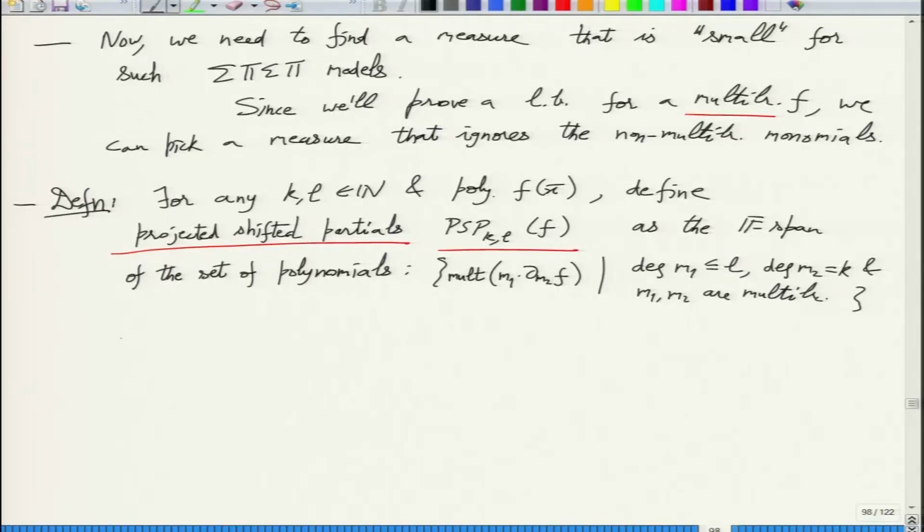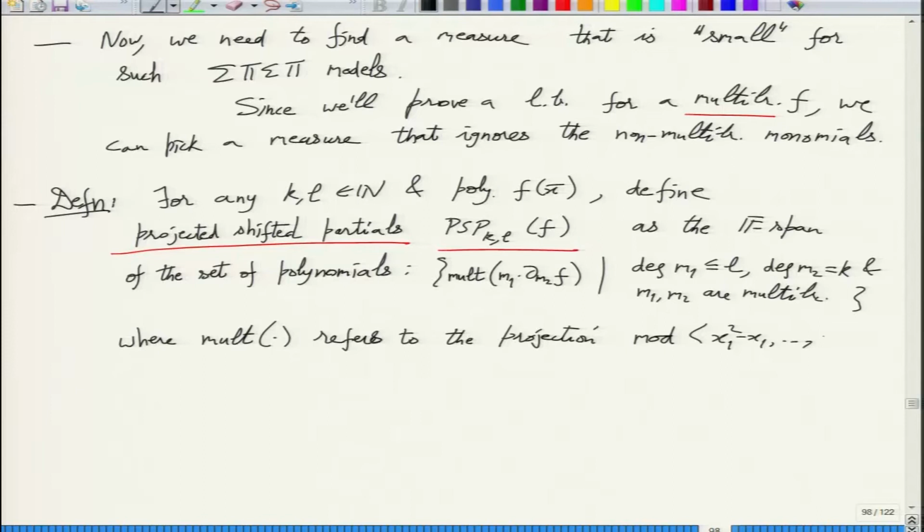Okay, so where this multilinear projection operator refers to the projection mod x1 square minus x1 dot dot, that is just a projection or a restriction to this ideal. Oh no, that's not what it is.